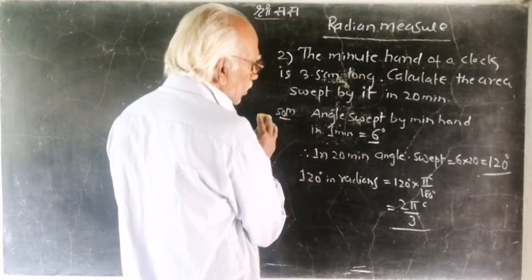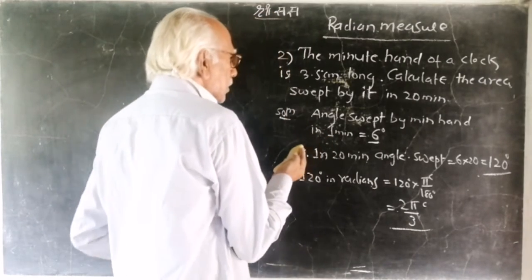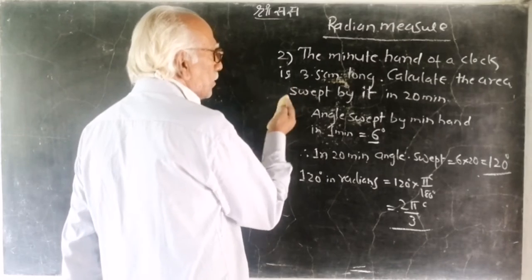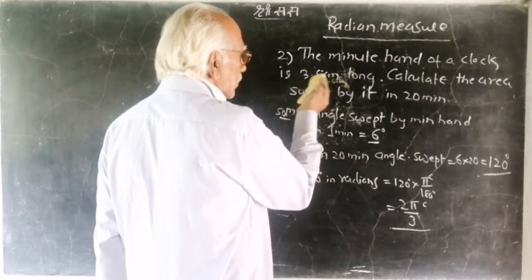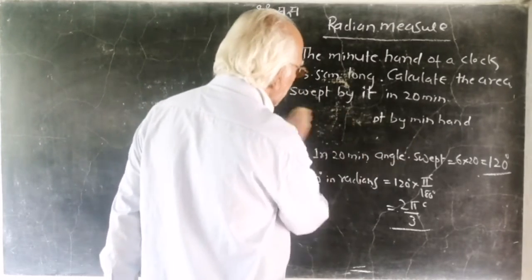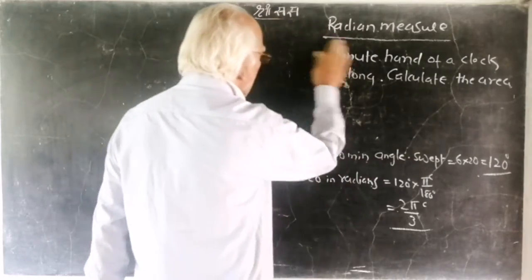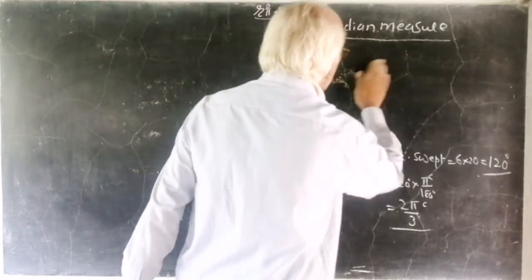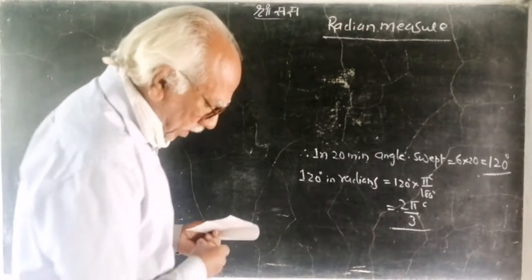So now we can go through that particular area concept. What is given? The minute hand of the clock. The length itself is the radius of the circle. So now let us write down the area.